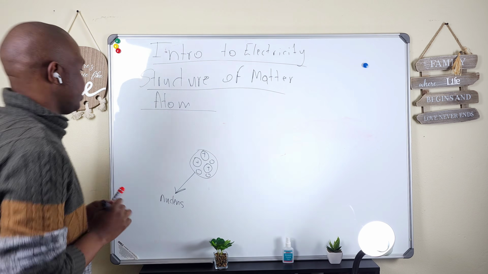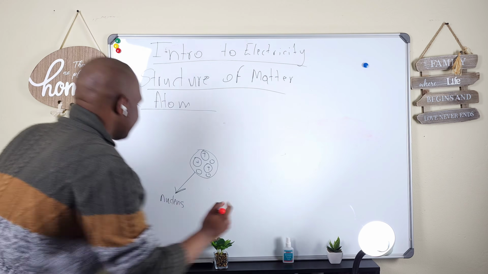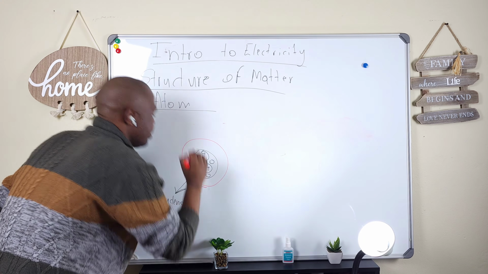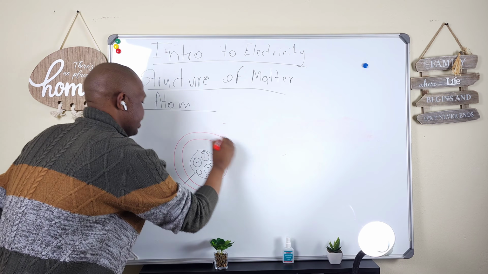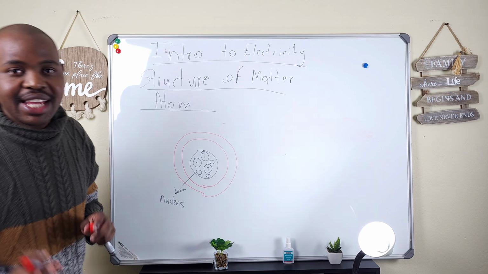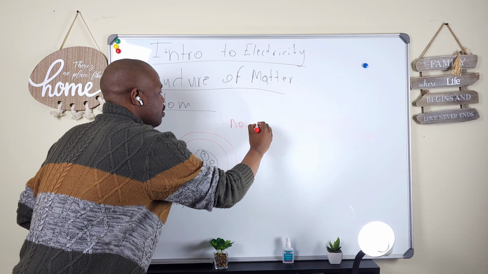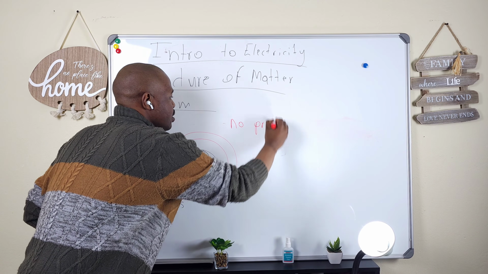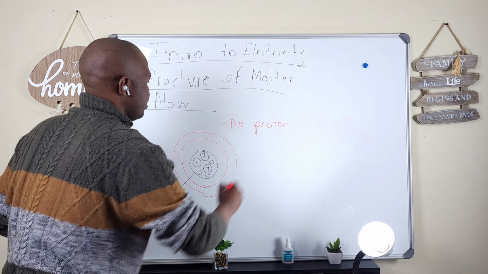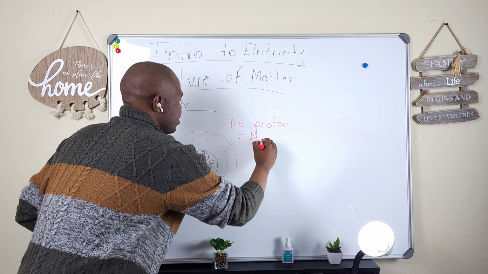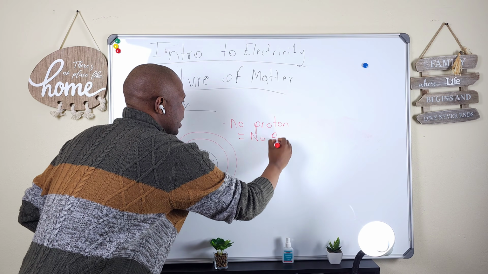Under normal circumstances, the number of protons equals the number of electrons.